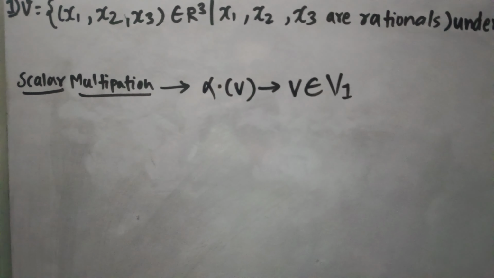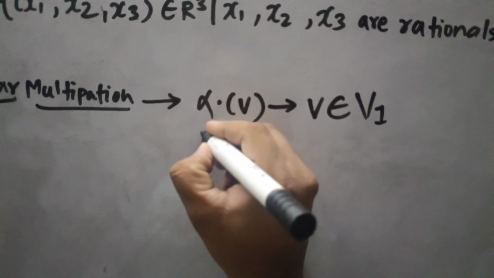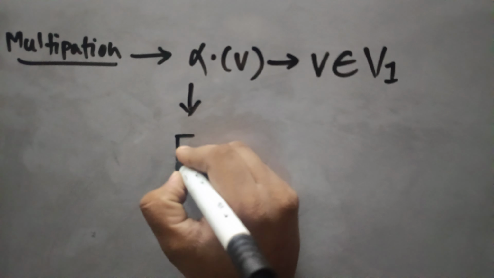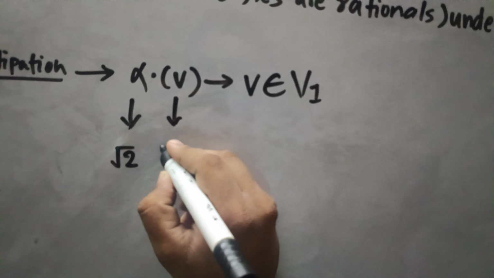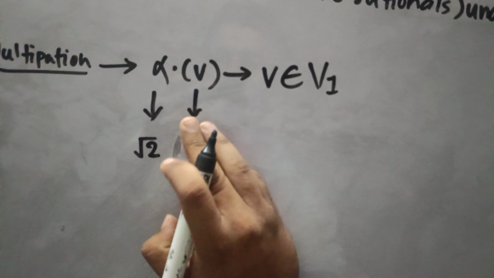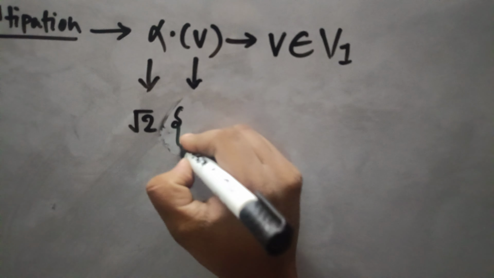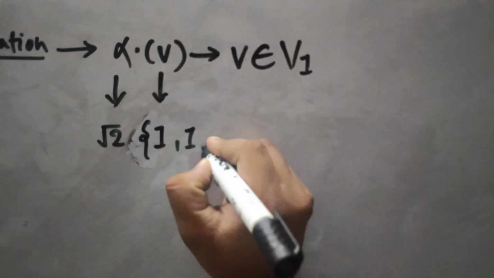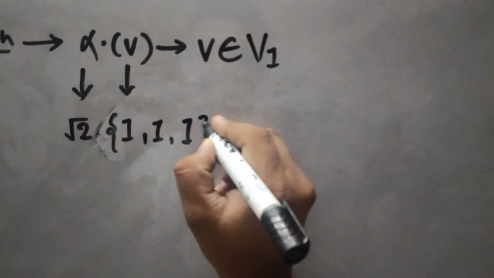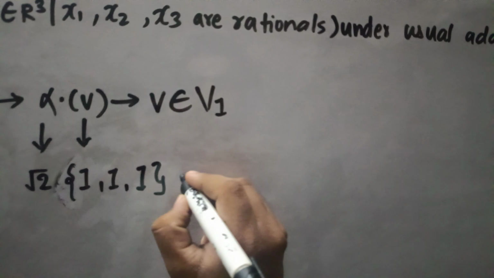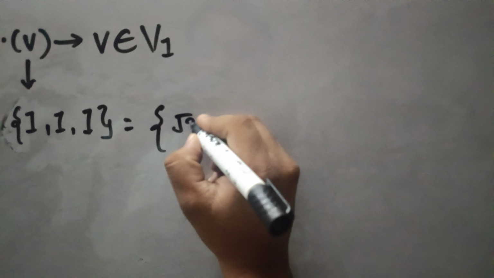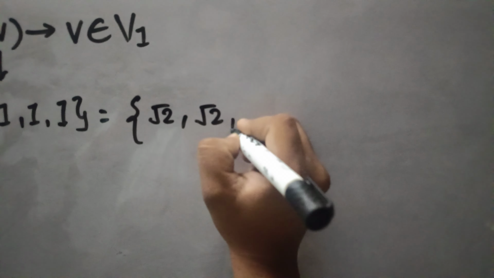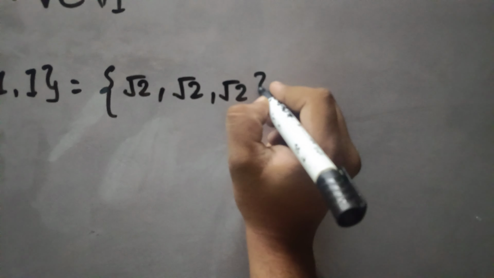For the given question, let's take alpha as root 2 and let's take this vector as 1, 1 and 1. When we multiply, what we get is this vector which has the values root 2, root 2 and root 2.